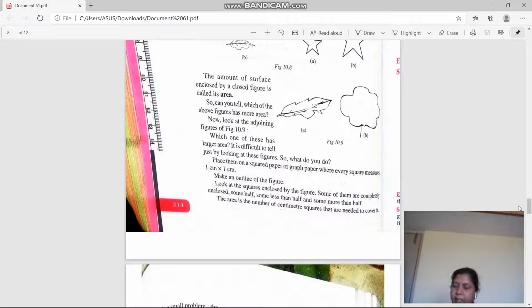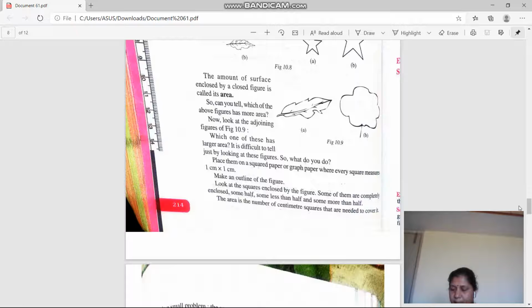I will talk about exercise 10.2's first question, E. Let's start counting: 1, 2, 3, 4, 5, 6, 7, 8, 9 and 10.